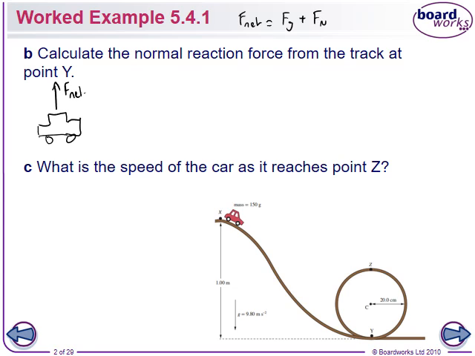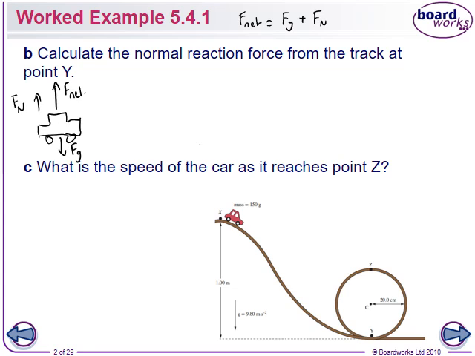In which direction is gravity? Down. And in which direction is our normal force? Up. The normal force opposes the force of gravity. Well, can't even necessarily say that. Our normal force, though, is the force of the track pushing it up. So the normal force in this case is the track pushing it upwards.